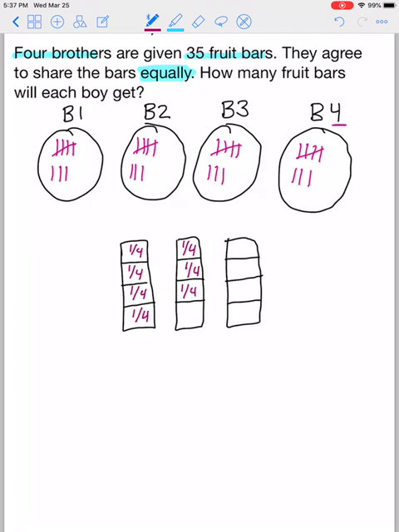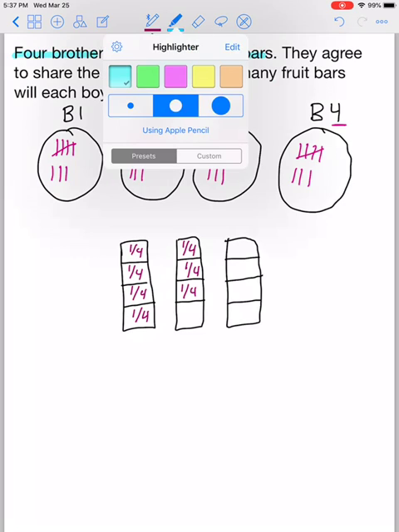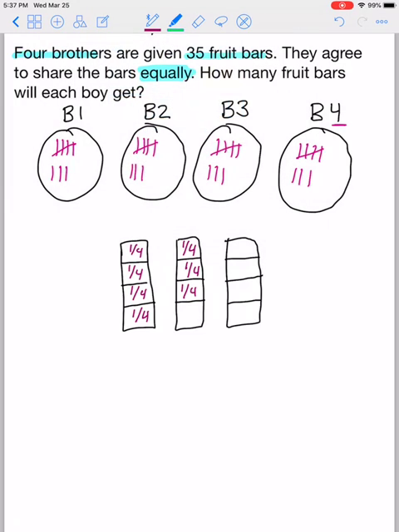Okay, so you know that each one of those represents 1/4. So that means brother 1 is going to get 8 full fruit bars plus 1/4 from here, 1/4 from here, and 1/4 from here. So he's getting 3/4 of the remaining fruit bars.